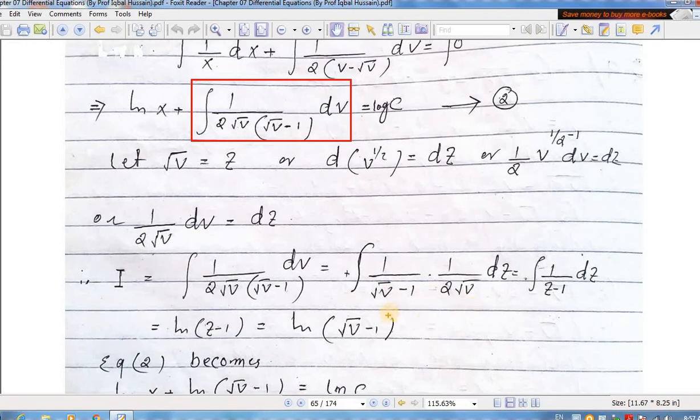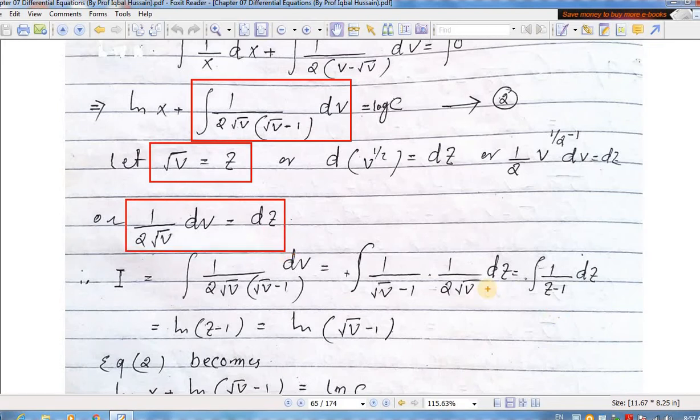Now putting the values, v under root is equal to z, so integral 1 over z minus 1, and integral of 1 over twice v under root dz, which is here. Here we have 1 over twice v under root dv is equal to dz.